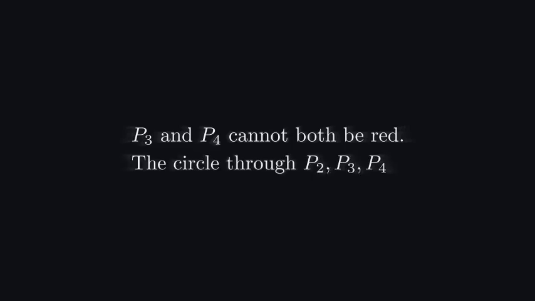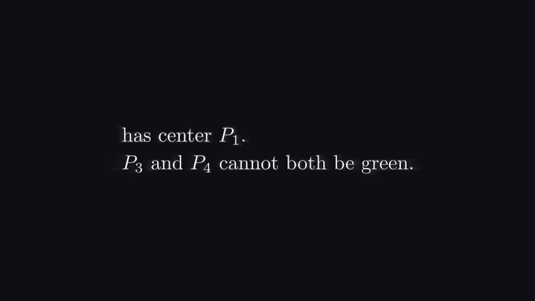The circle through P2, P3, P4 has center P1. P3 and P4 cannot both be green.